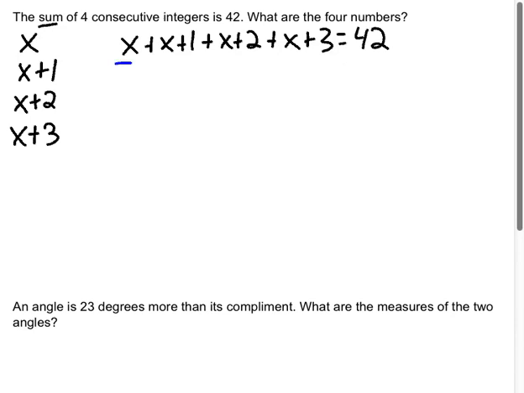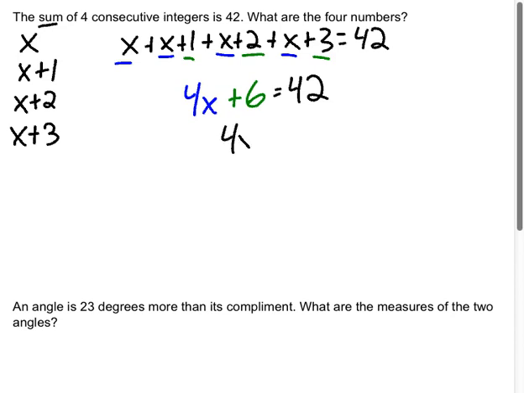So x plus x plus x plus x, that's going to give me a 4x. 1 plus 2 plus 3 is going to give me 6. And that's still going to equal the 42. And now from here, you can actually solve that.